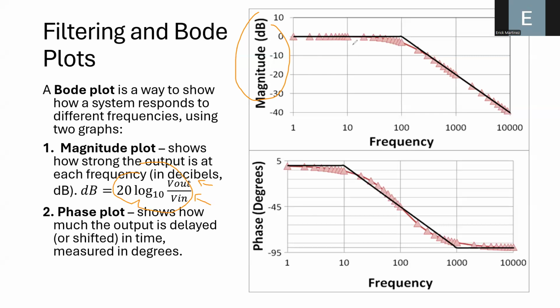If you analyze this Bode diagram, we have placed in the x-axis all the possible frequencies, and in the y-axis we have this magnitude that is the relationship between the output and the input.